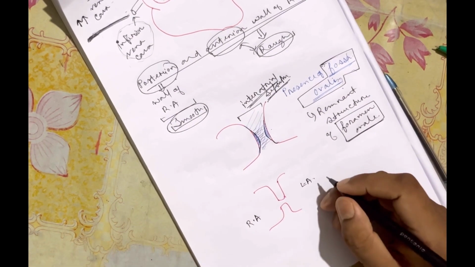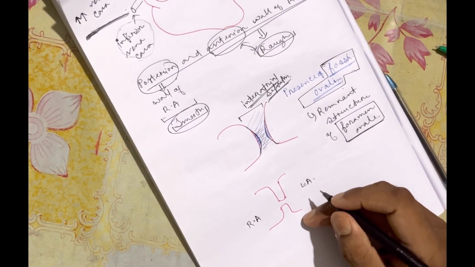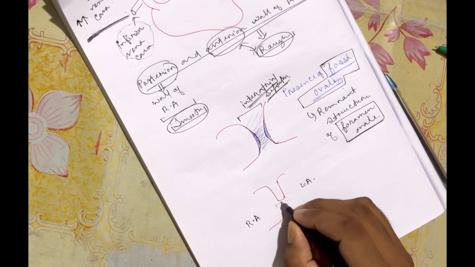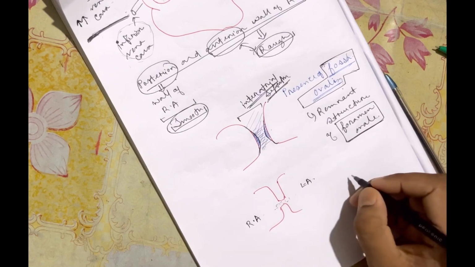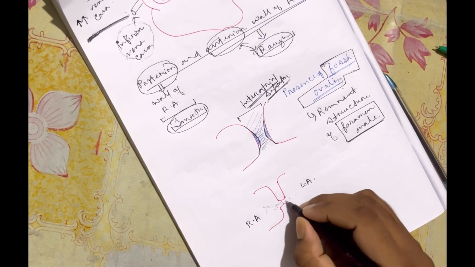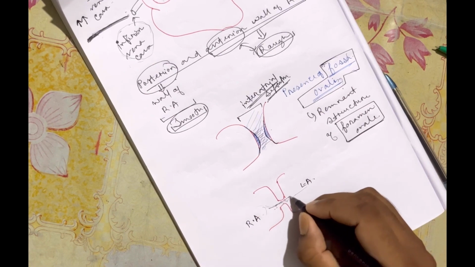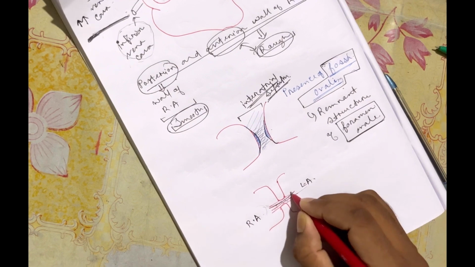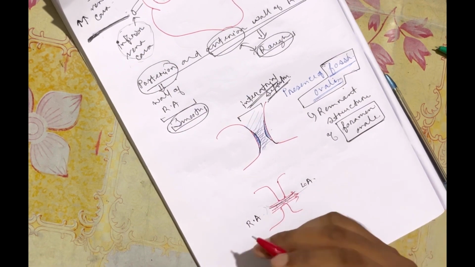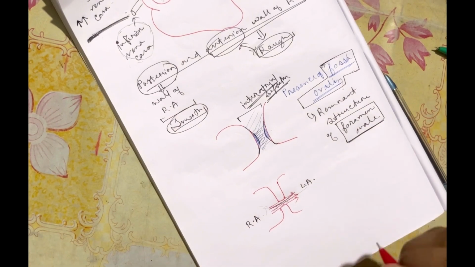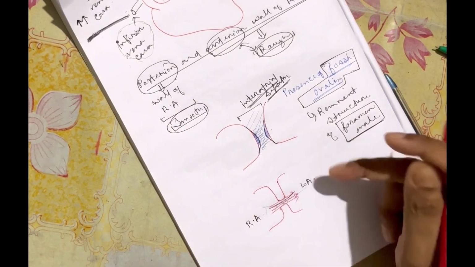During that time, blood can automatically go from the right atrium to the left atrium. There is an easy transfusion of blood from the right atrium to the left atrium in a fetus or embryo in the mother's womb.